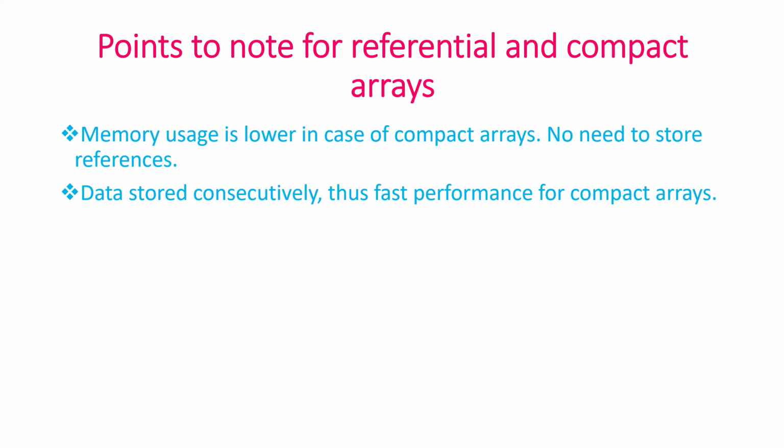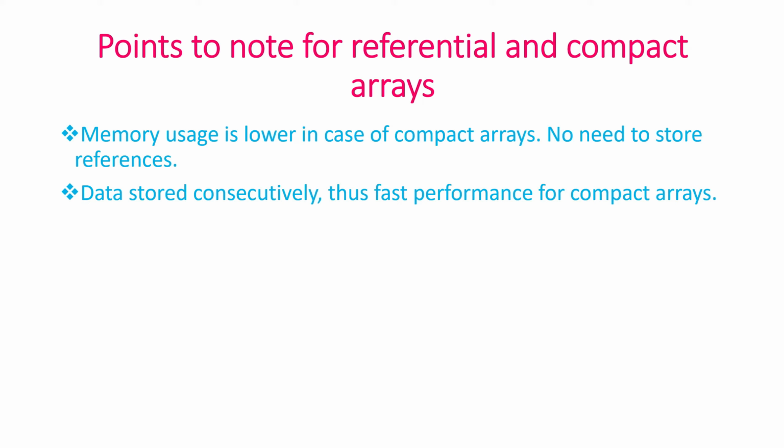Now, these are the points to note when you are using referential and compact arrays. Compact arrays are the first that we discussed. Memory usage is much lower in compact arrays because you're not wasting space to store the addresses, which in turn point to the element.